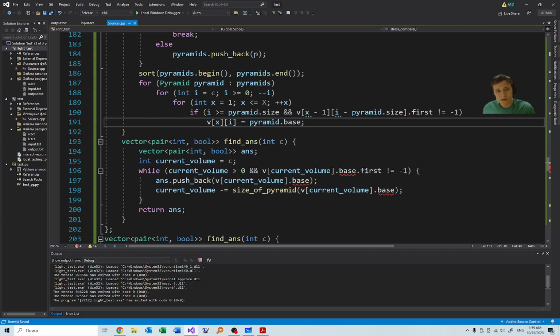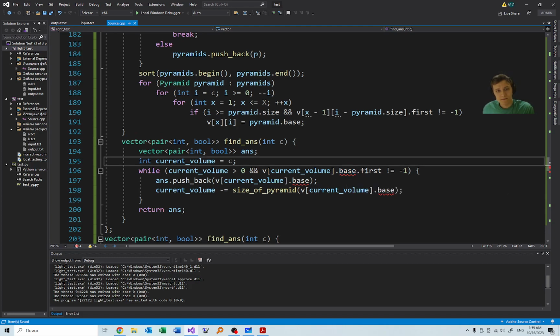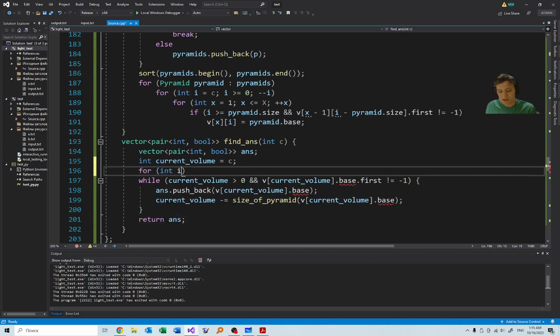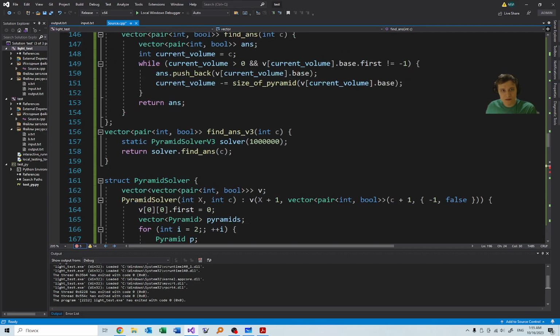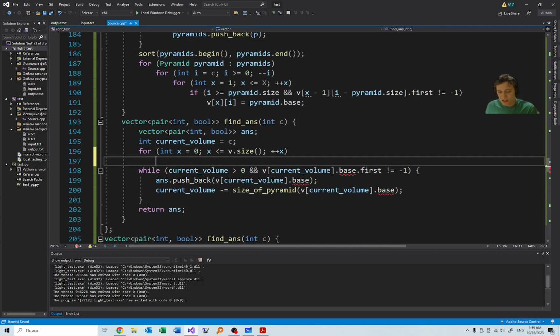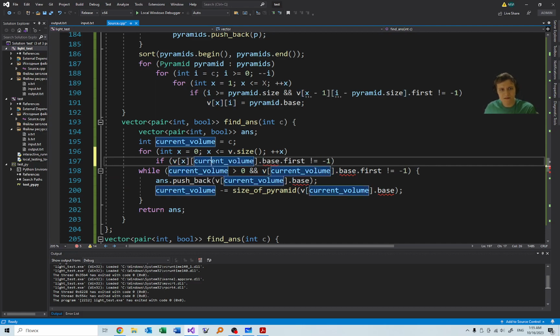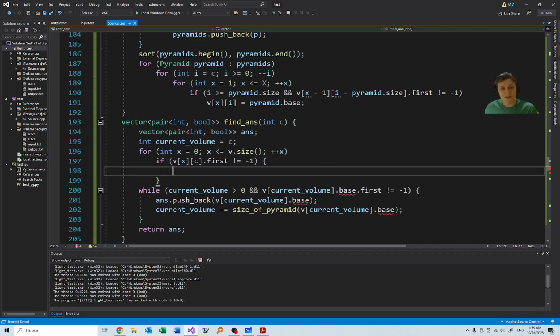Okay, here we need to go through all x's. So we go from int x equals 0. X is at most p dot size. And if this happens, so vx current vxc dot first is not -1, then the answer is possible.